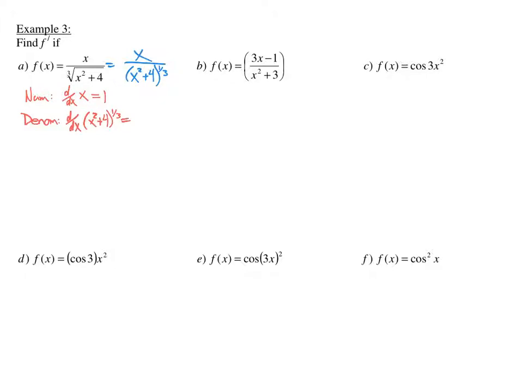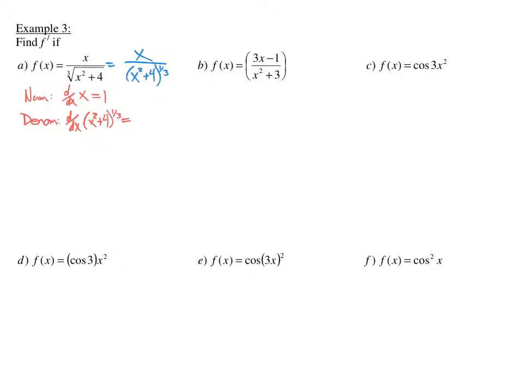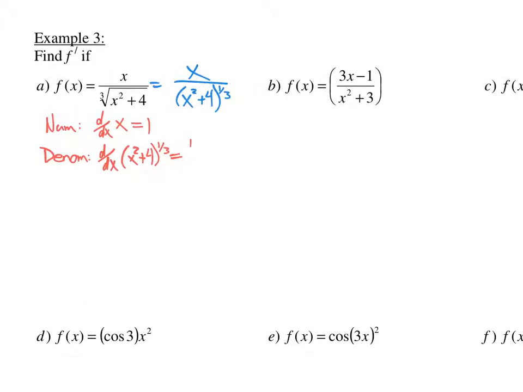What's the derivative of something to the 1/3? It's 1/3 of whatever. In this case, that's x squared plus 4 to the minus 2/3 power. Good. That's the derivative of the outside. Now we need to multiply that by the derivative of the inside, which is 2x.